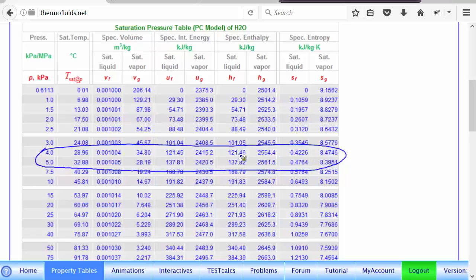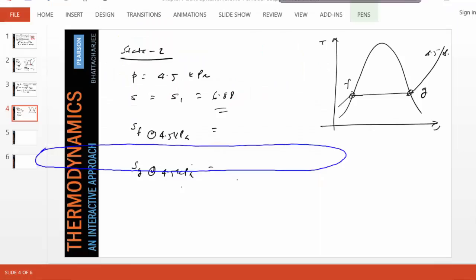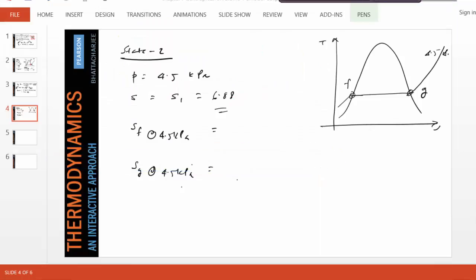At the same time we can also pick up H_F and H_G at 4.5 kPa. If we interpolate between these two rows, we can pick up these numbers, and I have written them down: S_F would be approximately 0.45, and S_G, you can go back and check, would be 8.42.